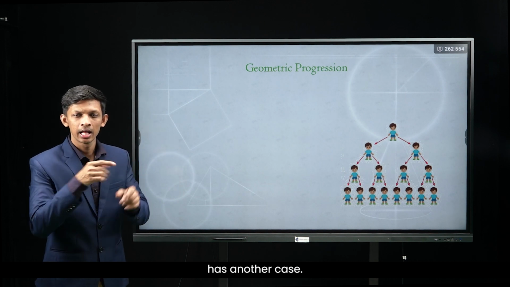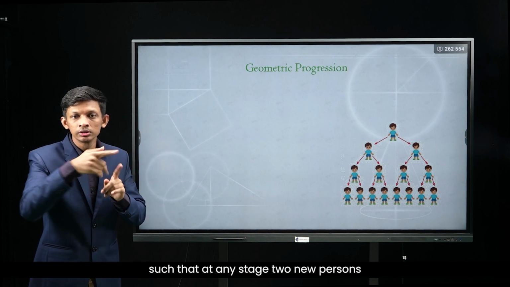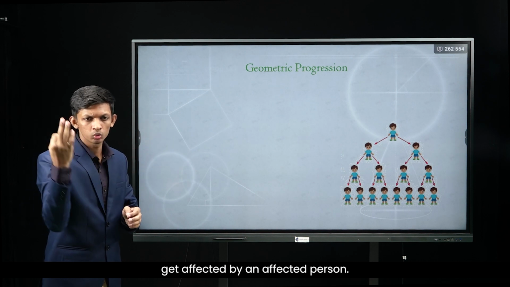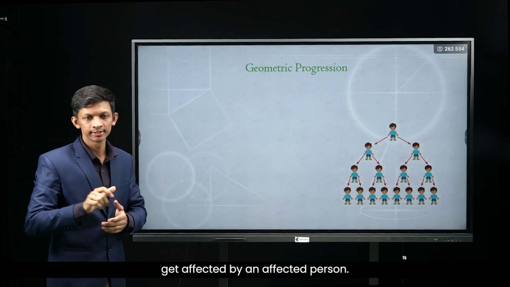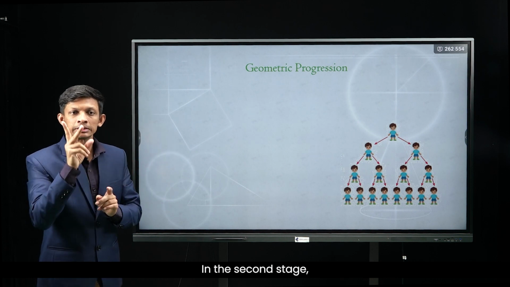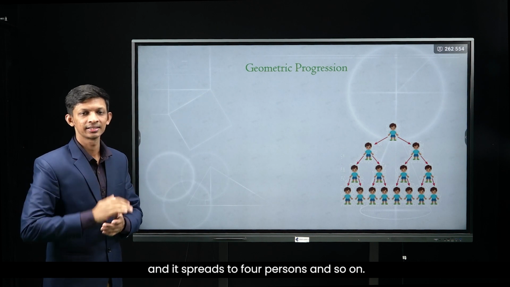As another case, let us consider that a viral disease is spreading in a way such that at any stage two new persons get affected by an affected person. In the first stage, one person is affected, in the second stage, two persons are affected and it spreads to 4 persons and so on.